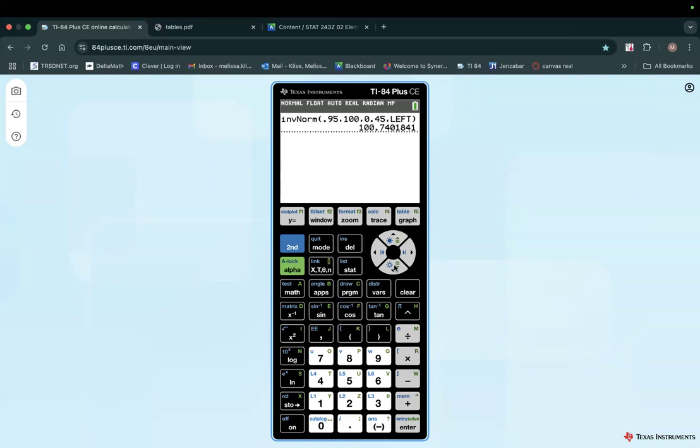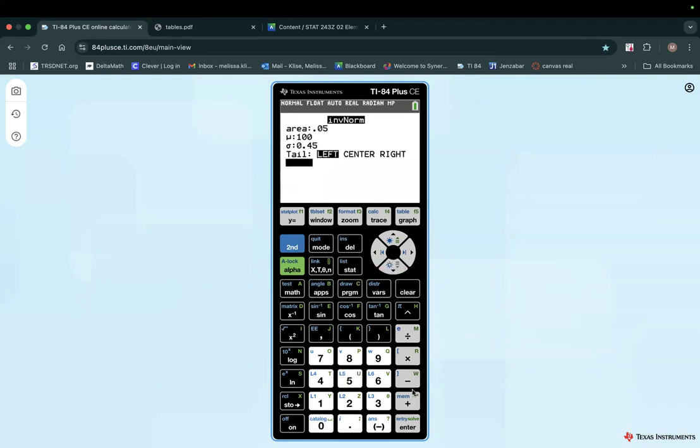So we're going to do this again with the 0.05. If you're fancy, if you have a calculator that can do copy and paste, you can just use your arrow up here and paste and then just change a number to 0.05, and that'll give it to you. If not, just go back into second vars, inverse norm, change this to 0.05.